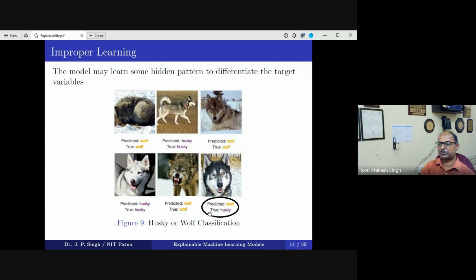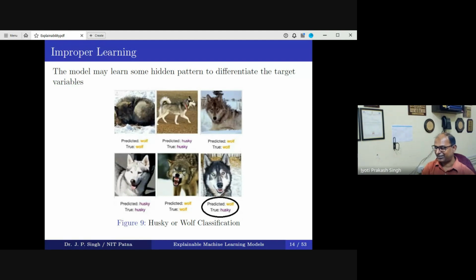Why? Because you see here, out of 6 cases, only 1 case is wrong. In fact, in general, this system, from the source it was taken, had an accuracy of around 94 or 95%. But when they wanted to see on what basis the model is predicting wolf and husky, they were surprised.